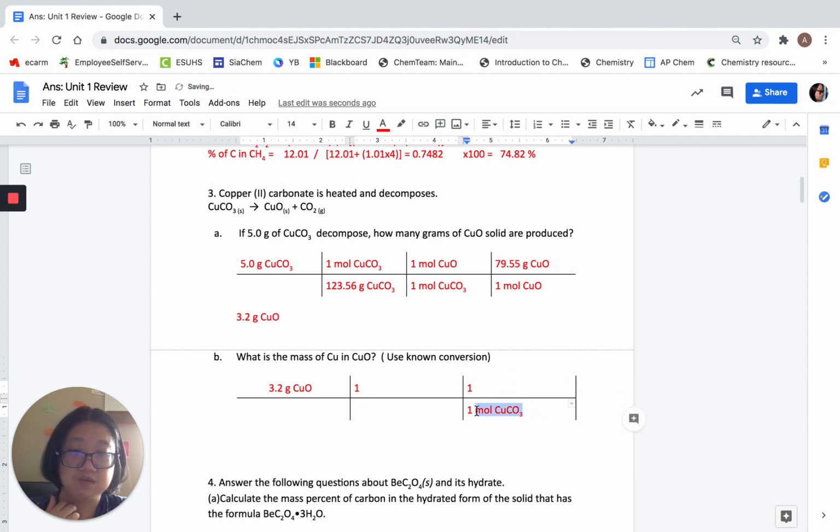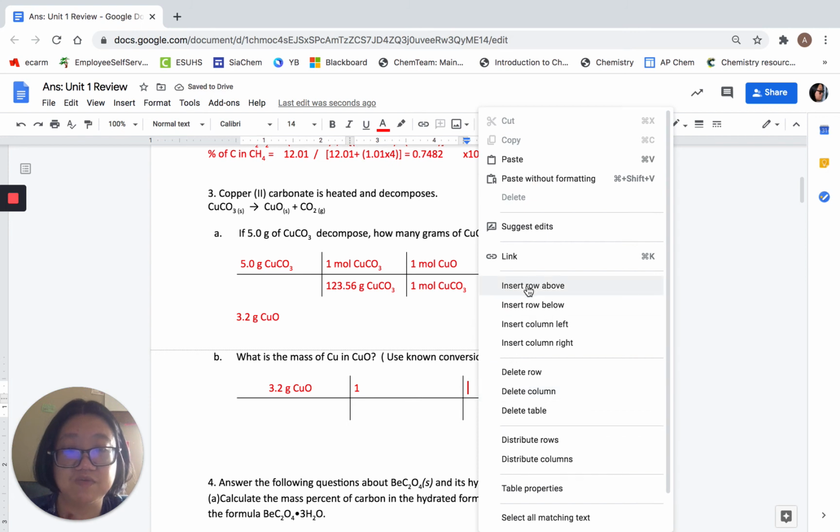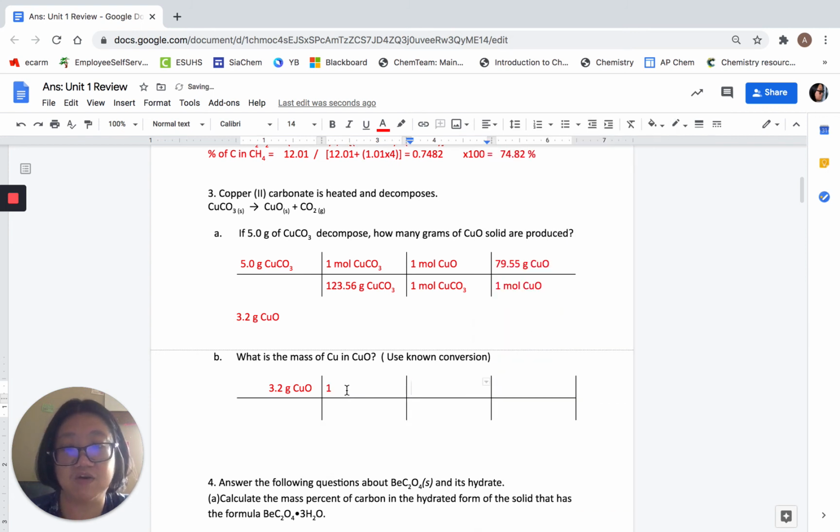There are quite a few steps we need to do. Because you have the mass of CuO, now we want to figure out the mass of Cu. So we need to know that in 1 mole of CuO, we have 1 mole of Cu. I'm saying it because we do need to convert the CuO into Cu.